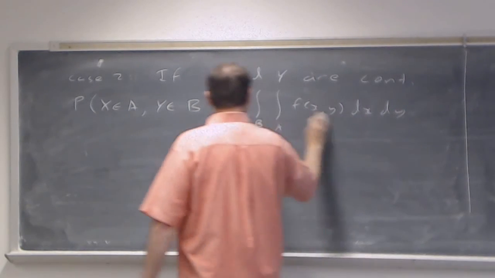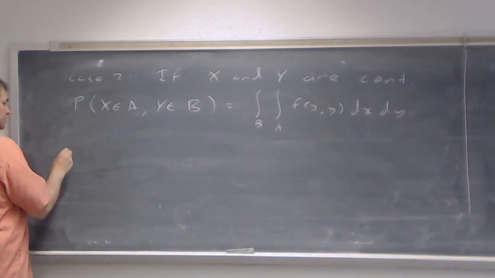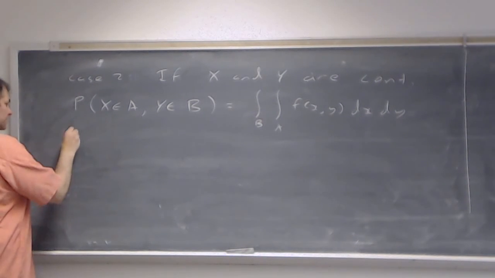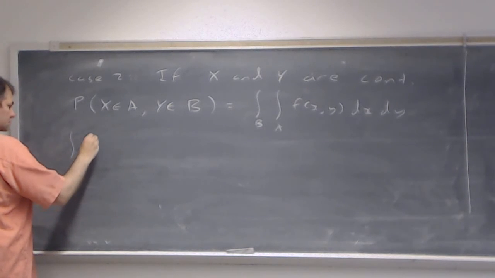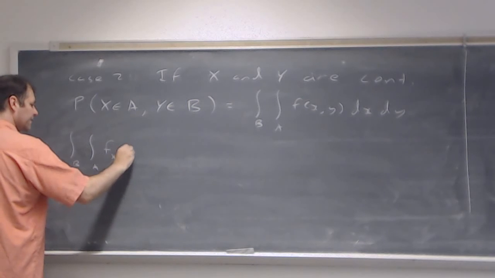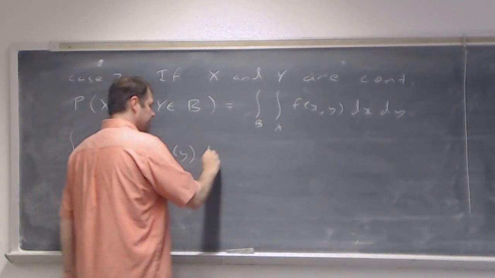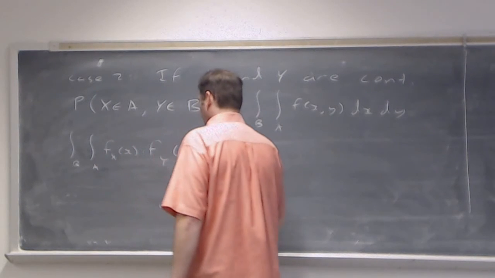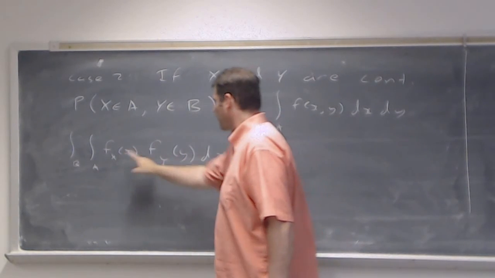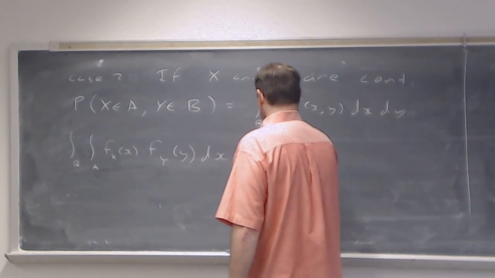Now what we're assuming is that this joint PDF is equal to the product of each individual PDF. So this is the integral over B, integral over A, of f sub x of x times f sub y of y, dx dy. Now, the first integral has to do with x. There's no x in here, so I pull it out.